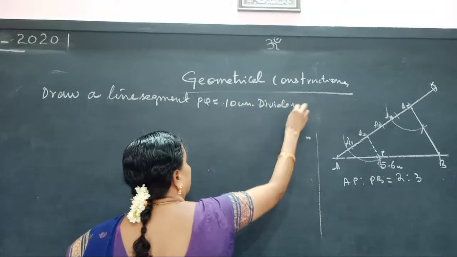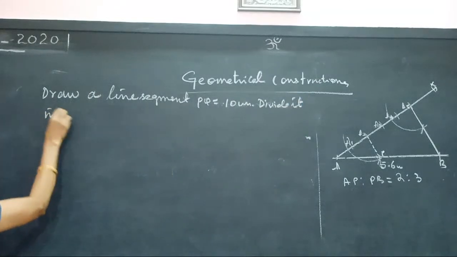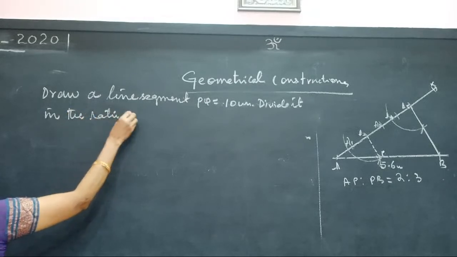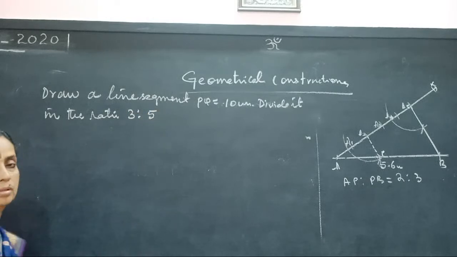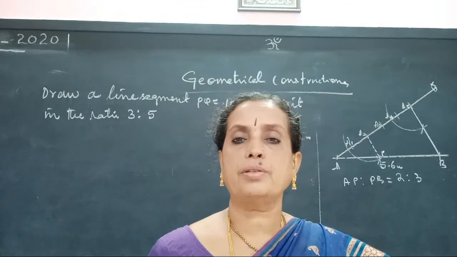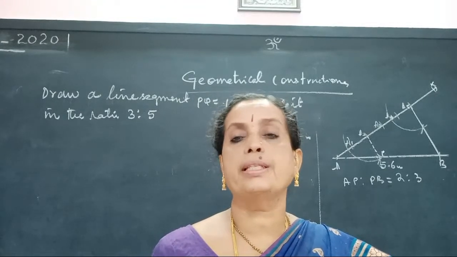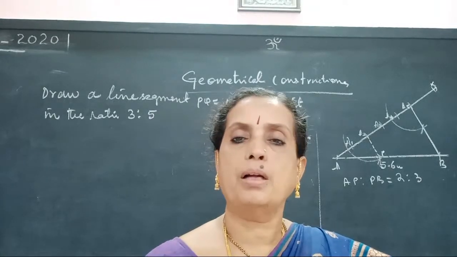Divide it in the ratio 3:5. Divided in the ratio 3:5. That means the sum of ratio is 8. You have to divide it into 8 equal parts.